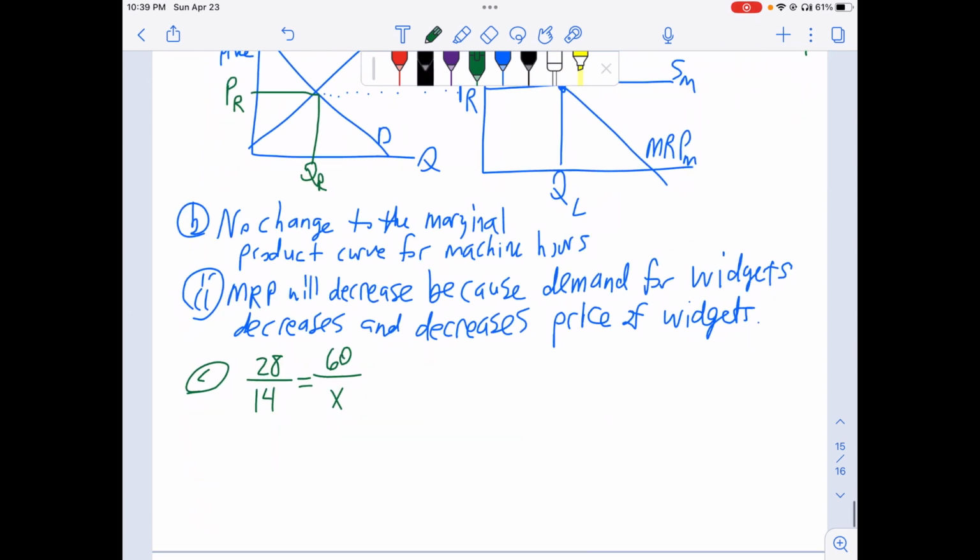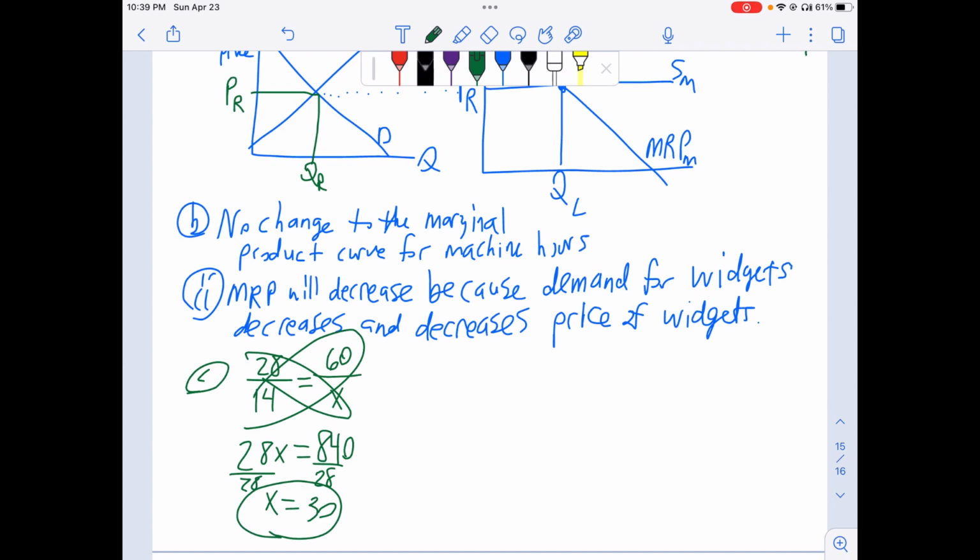So what we're going to do here is we're just going to cross multiply: 28x equals 60 times 14. I don't know that off the top of my head, but that would be 840. And then we're going to divide by 28 on both sides. And then that would be 30. So your rental hour is $30 an hour.